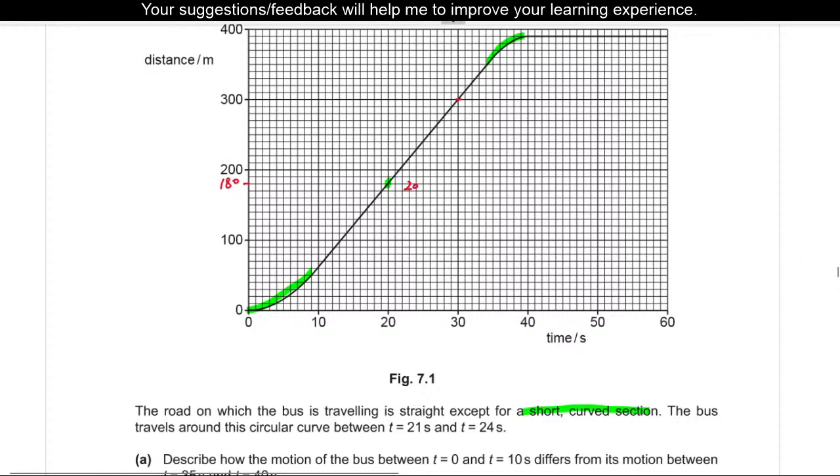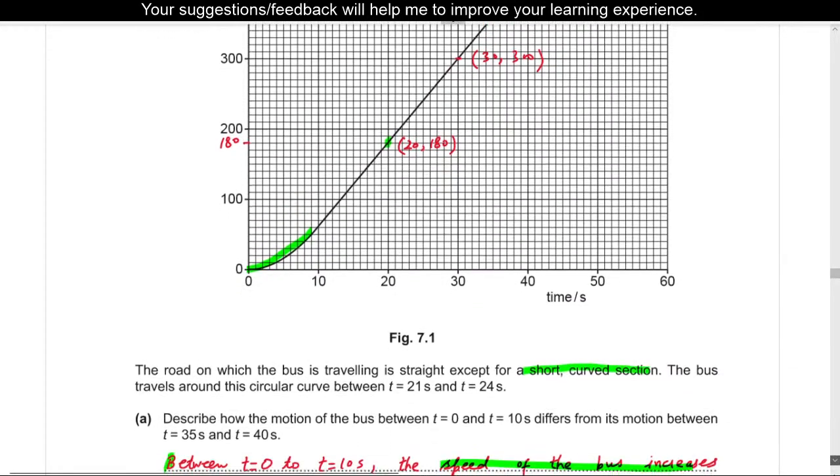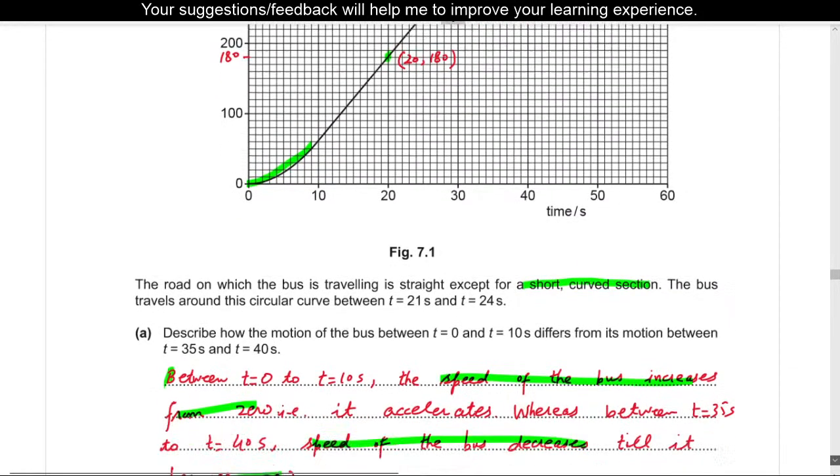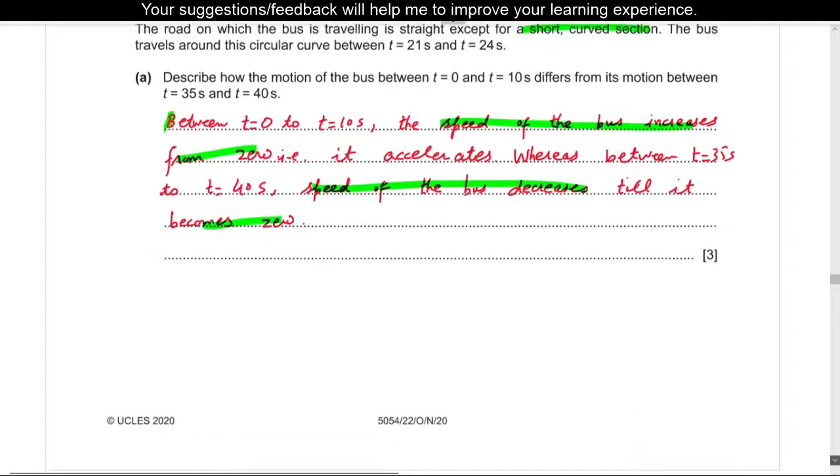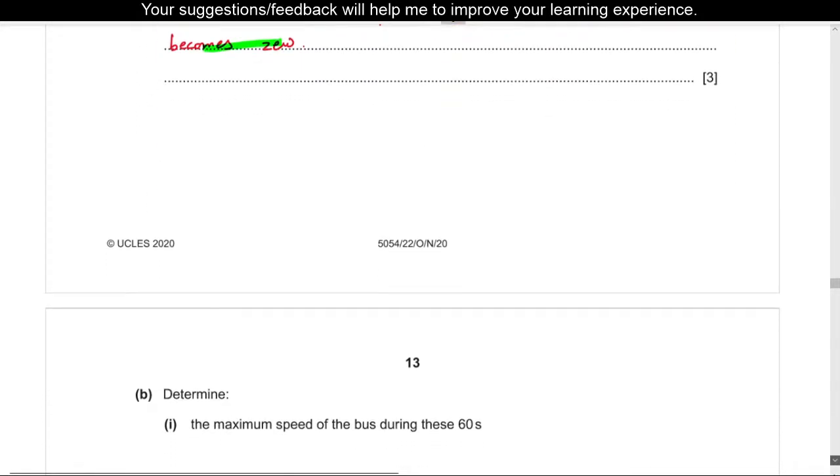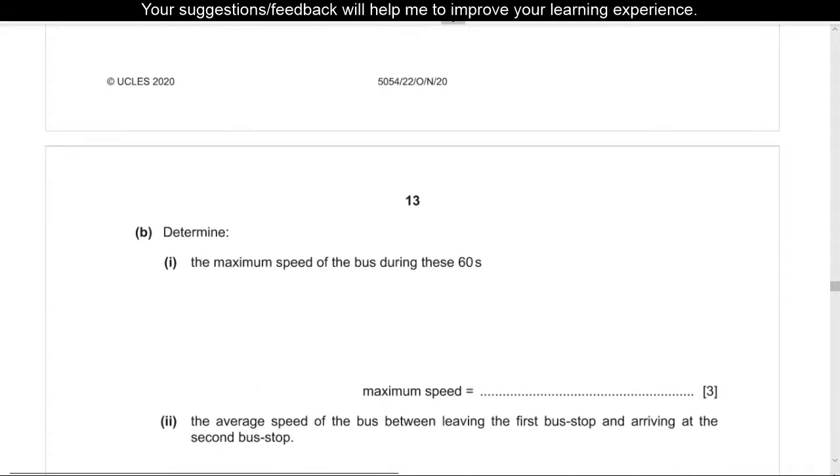One is (20, 180) and the second one is (30, 300). So we will get the speed, maximum speed will be equal to the slope.